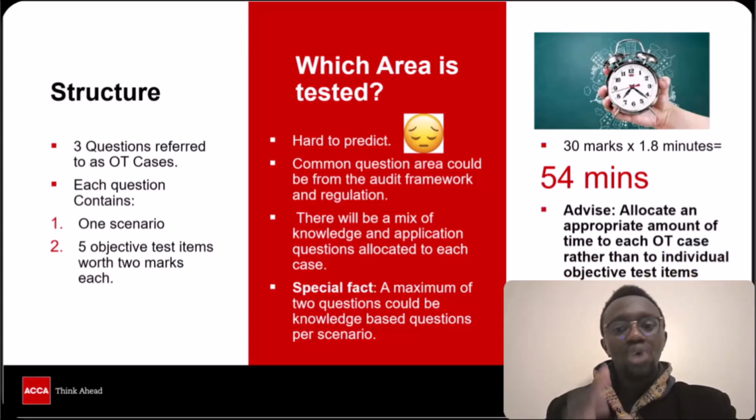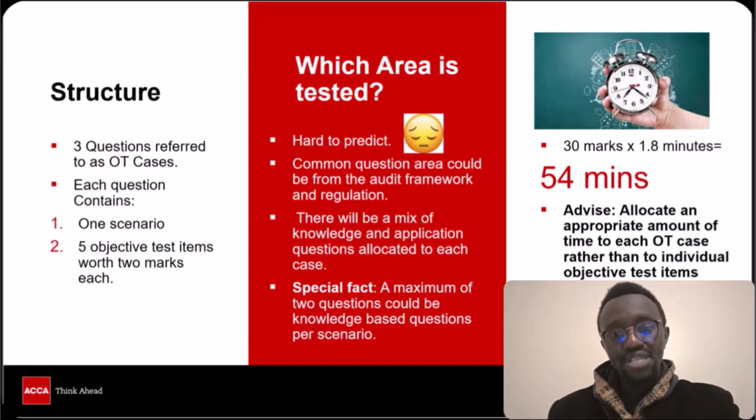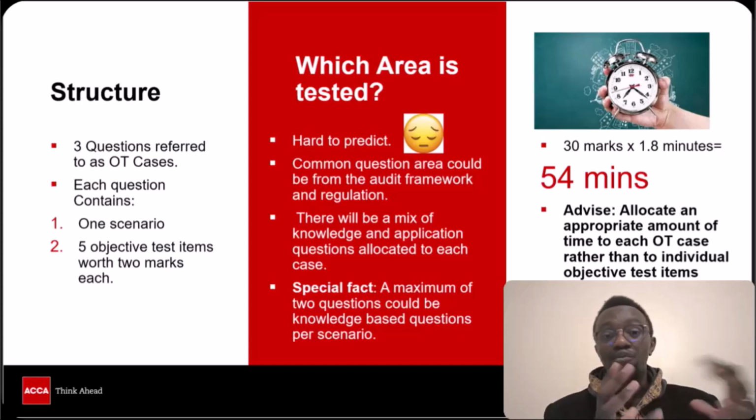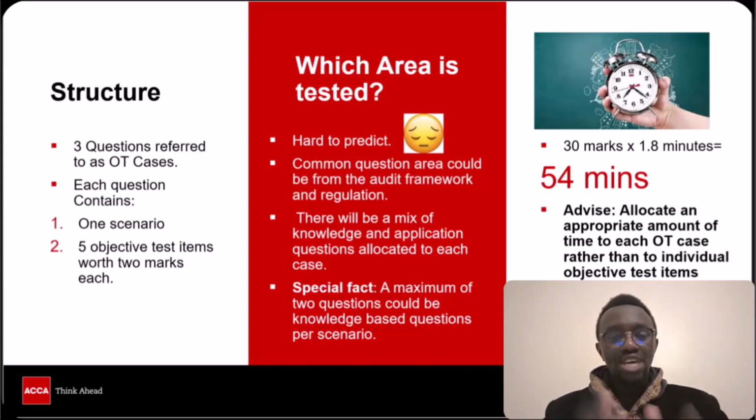So learn to allocate an appropriate amount of time to each objective test question rather than to individual objective test items. So if one case has about 5 questions, I'd want to allocate per question rather than spending so much time per case.